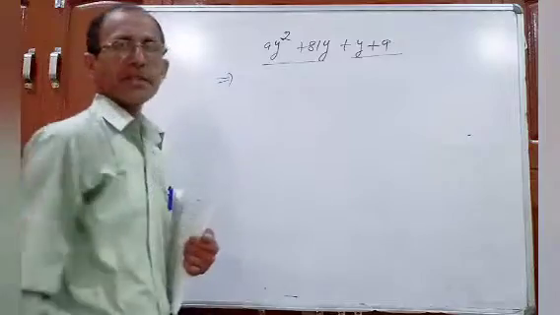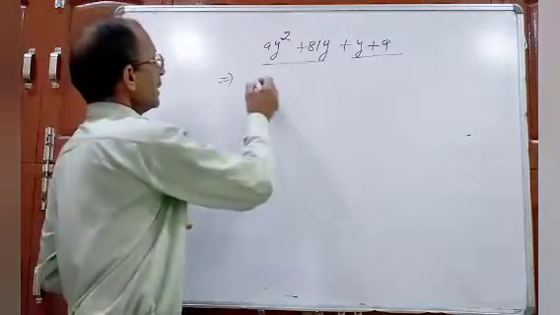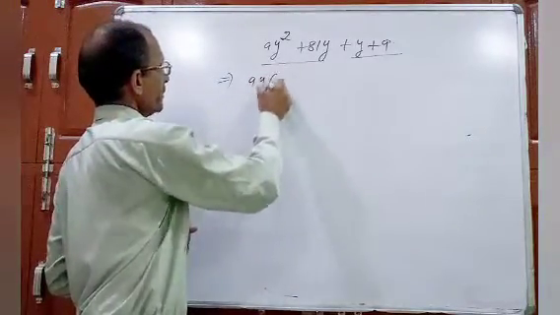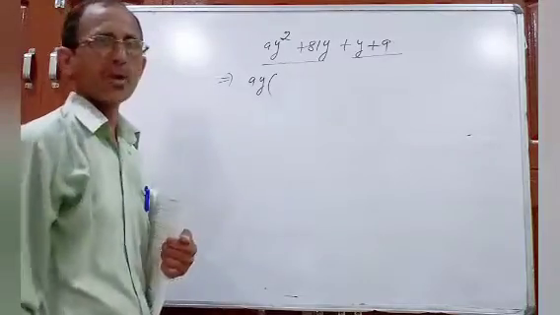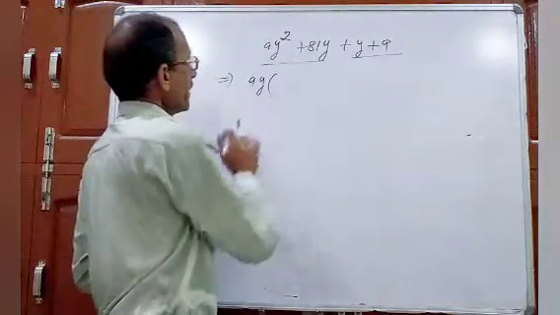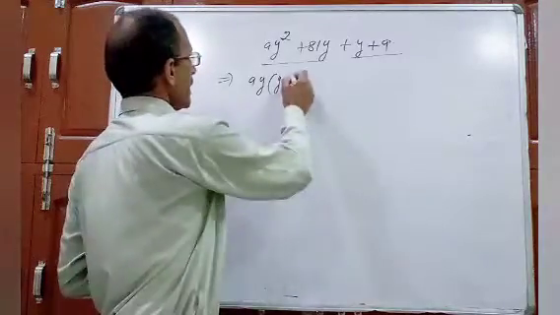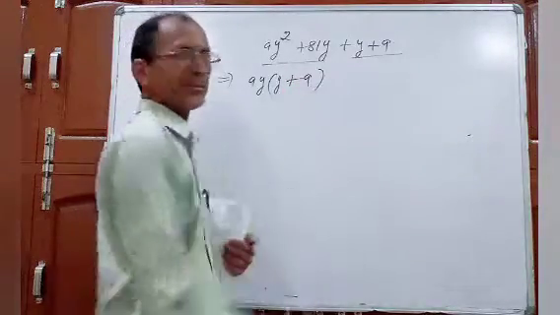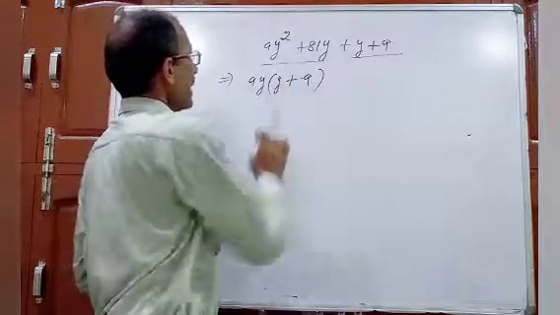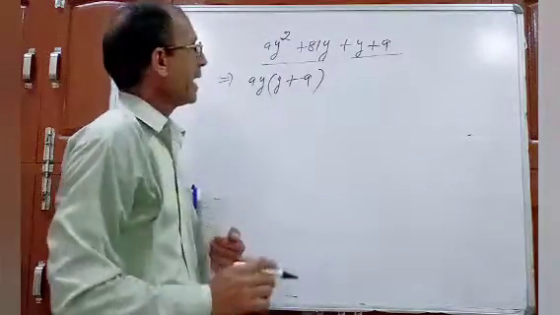In this one what is common? 9y is common. Divide 9y square by 9y, here will be y. Divide 81y by 9y, the result is 9.